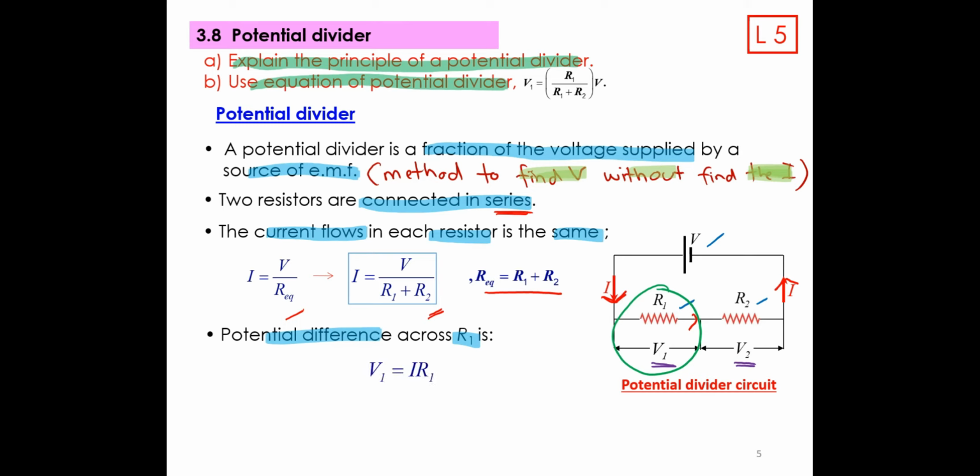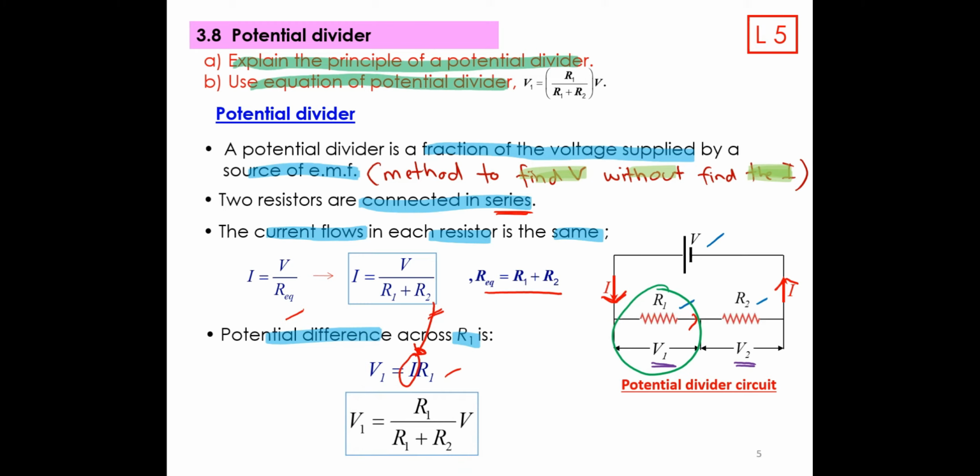So back to the basics, we use the equation of Ohm's law, V1 equals IR1. Because it is the same current, we just substitute the equation of current into V1 equals IR1.